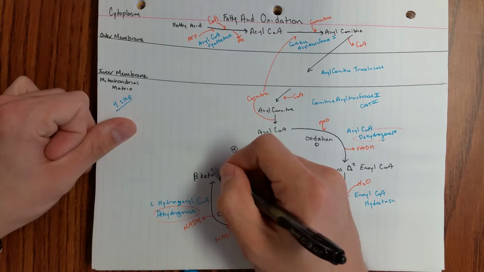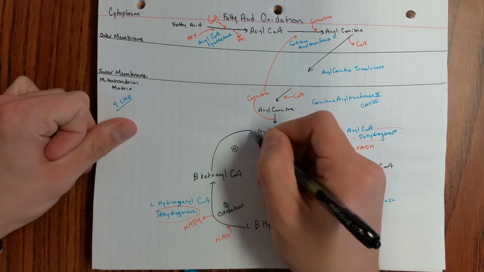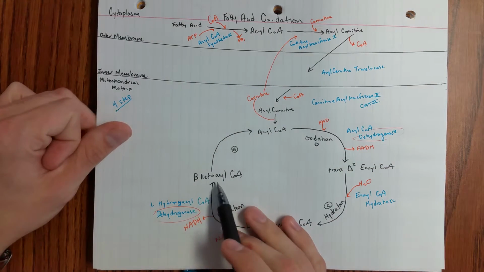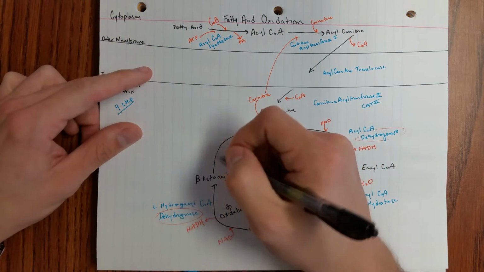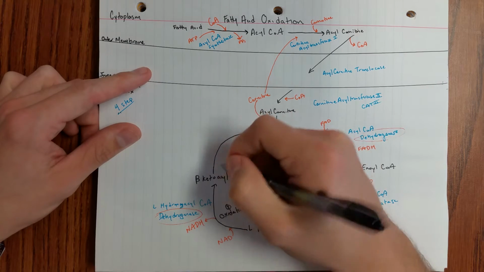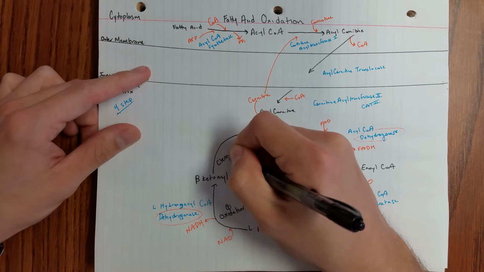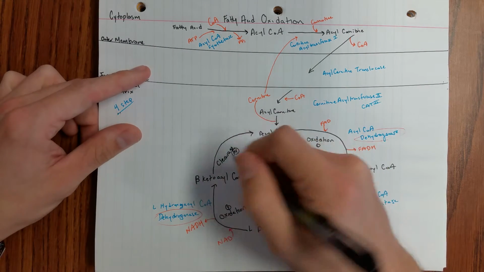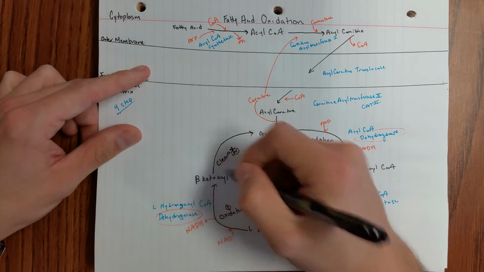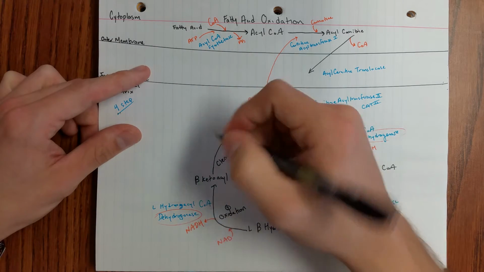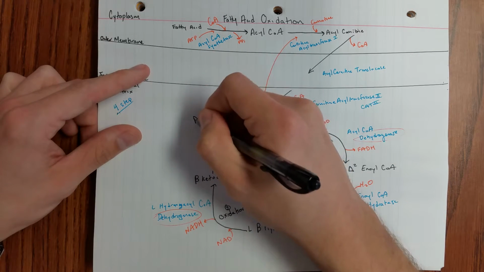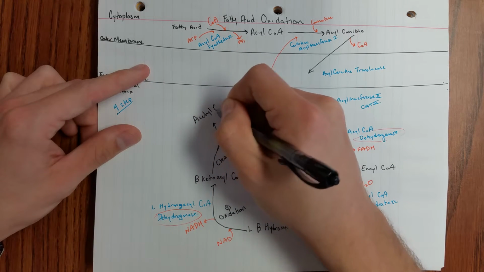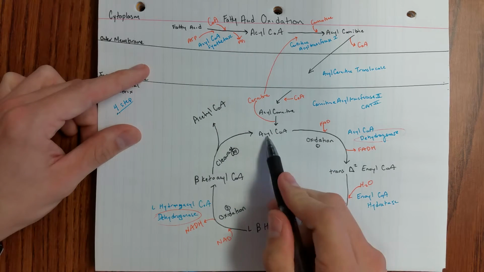The fourth step is where beta ketoacyl CoA turns into acyl CoA, and this is known as the cleavage step, because the beta ketoacyl CoA gets split and forms an acetyl CoA along with an acyl CoA.